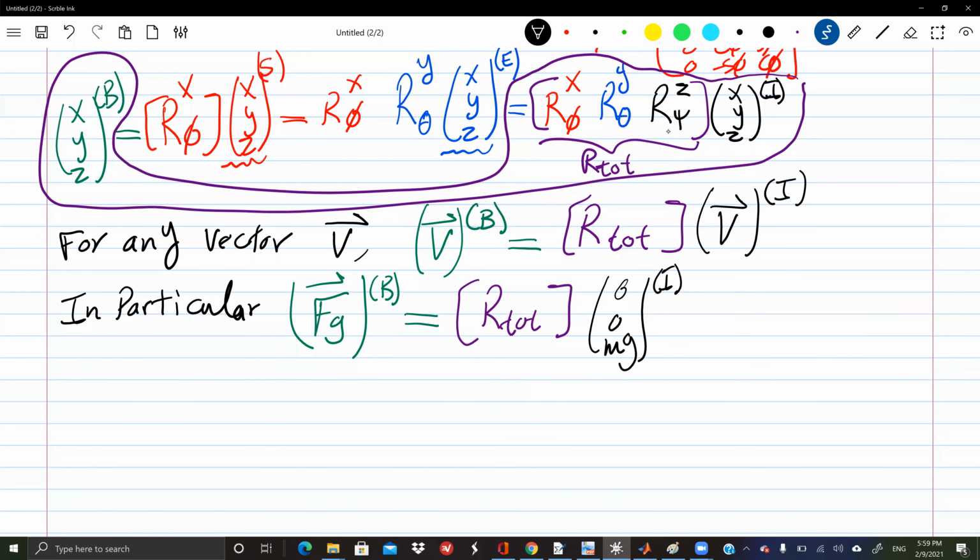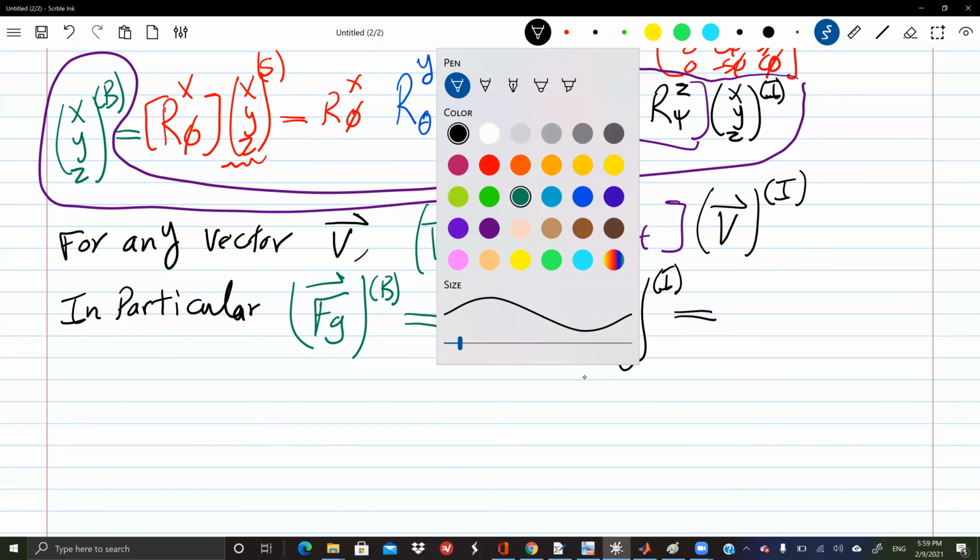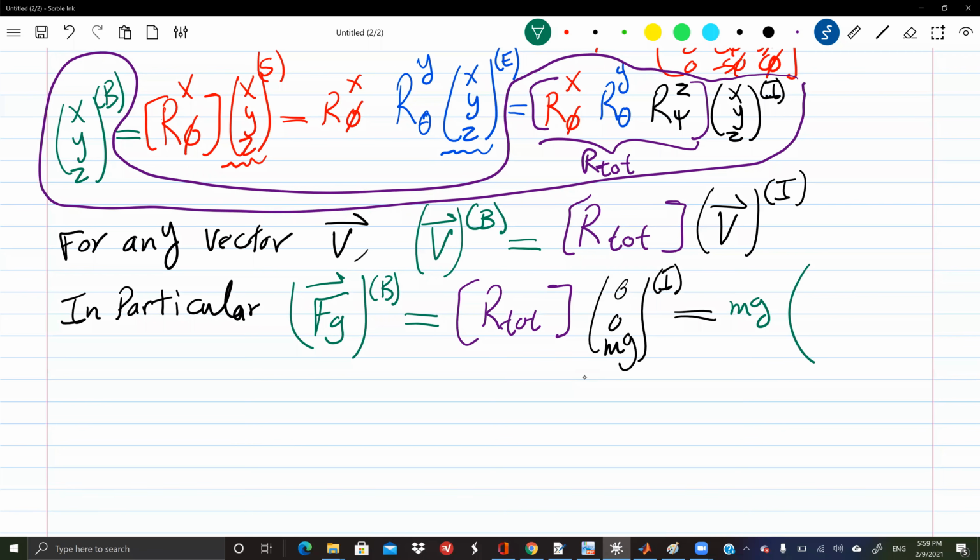Please multiply these three rotation matrices carefully to get just one matrix, 3 by 3, full of numbers, full of phi, theta, and psi, cosines and sines, and all that. Multiply this by 0 0 mg, you will get mg times negative sine theta, cosine theta sine phi, cosine theta cosine phi.